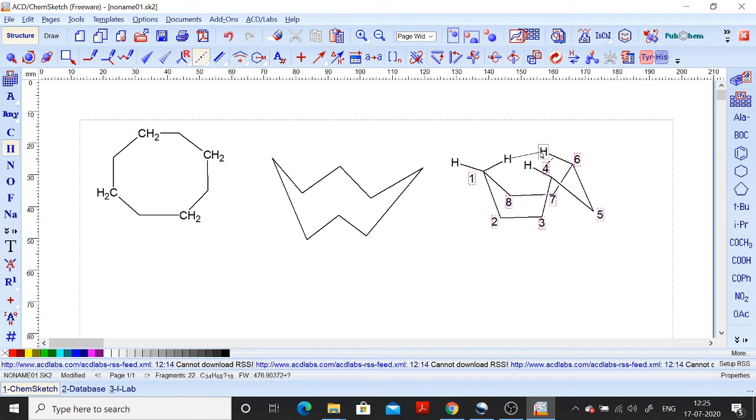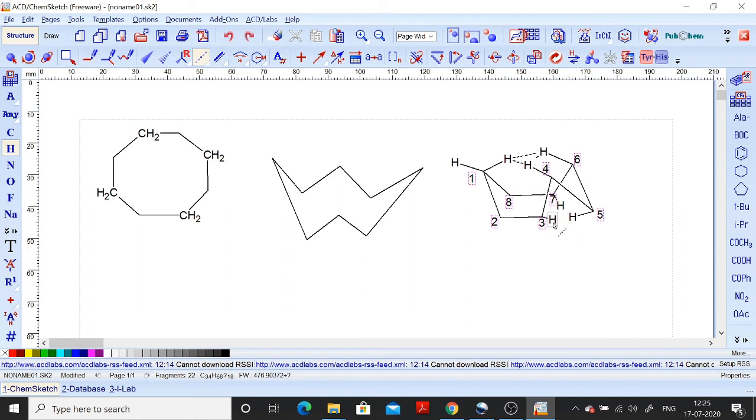This strain, which we have already discussed, is called the transannular strain. So there is a transannular strain between the hydrogen atoms of the first, fourth, and sixth carbons. A similar interaction is also expected between the protons of the fifth carbon, seventh carbon, and the third carbon. They will also have a transannular interaction between them.